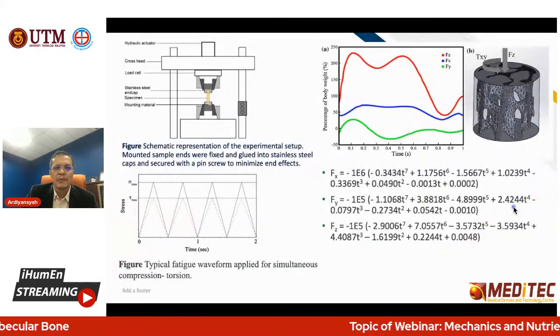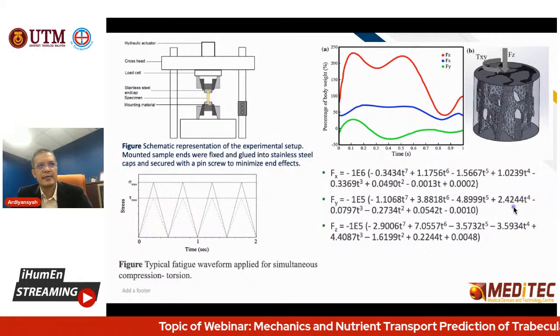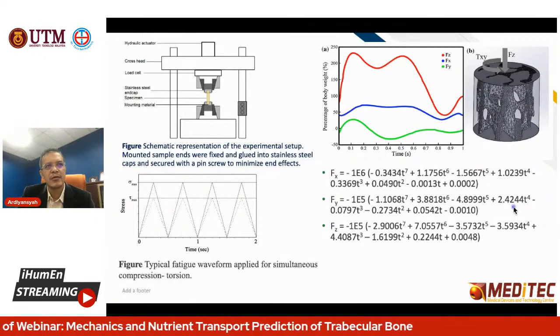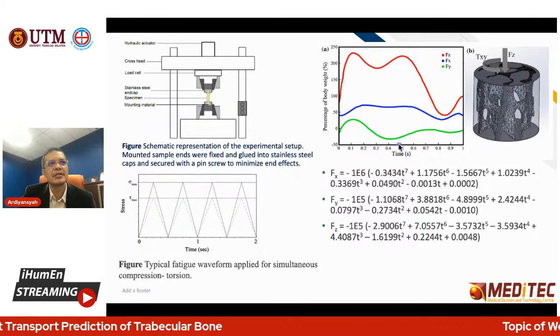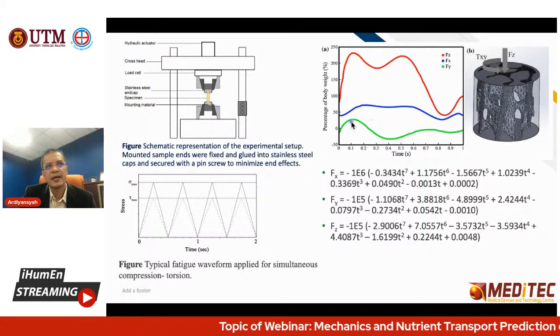Okay, this one is for simulation. This is the model of how we can simulate. Actually, this is the percentage of body weight of the gait motion.